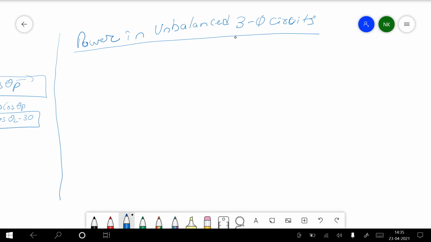The complexity is increased in both cases. Y would be very easy, but in delta the calculation takes more effort and the complexity increases. So there are different ways to measure the power for the unbalanced circuit. We will see after this.